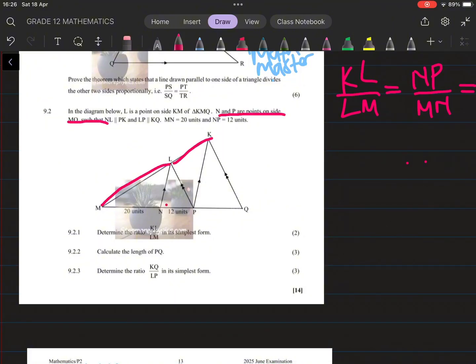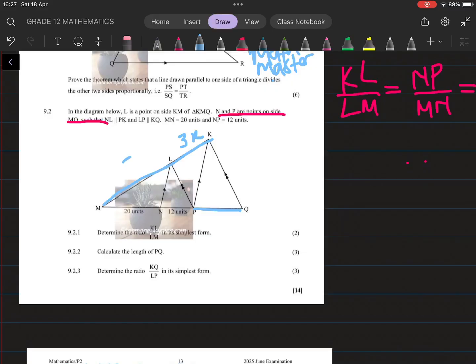9.2.2. Calculate the length of PQ. That is the given PQ that we need to calculate the length of. Looking at PQ, we can see that it is in proportion with the other side.